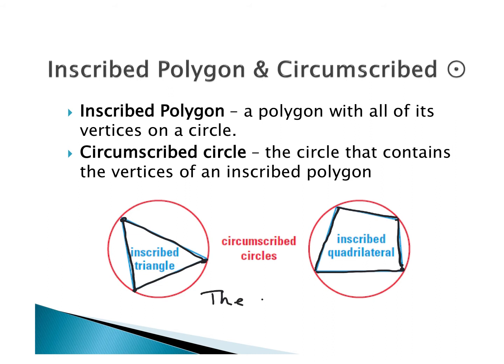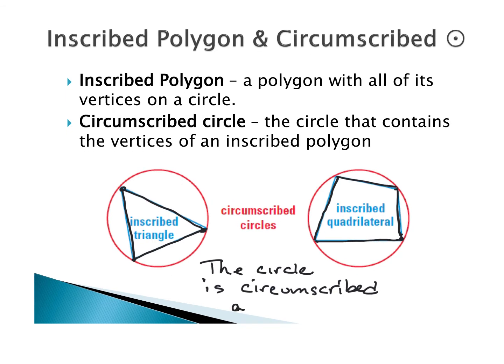You could say the circle is circumscribed about the triangle. Or instead of triangle, you could say quadrilateral. So more vocab.